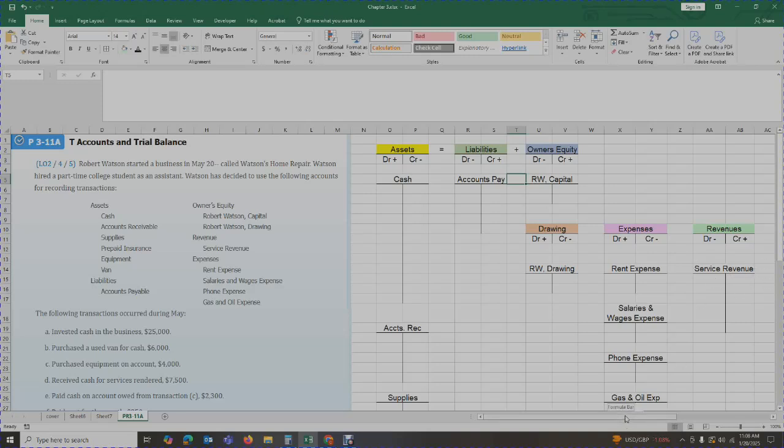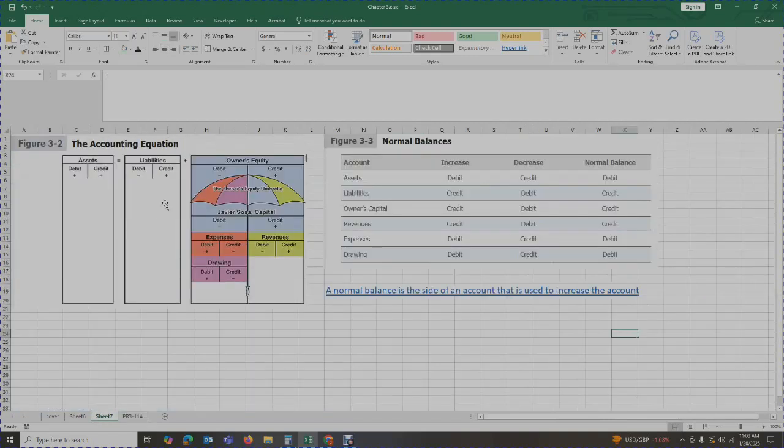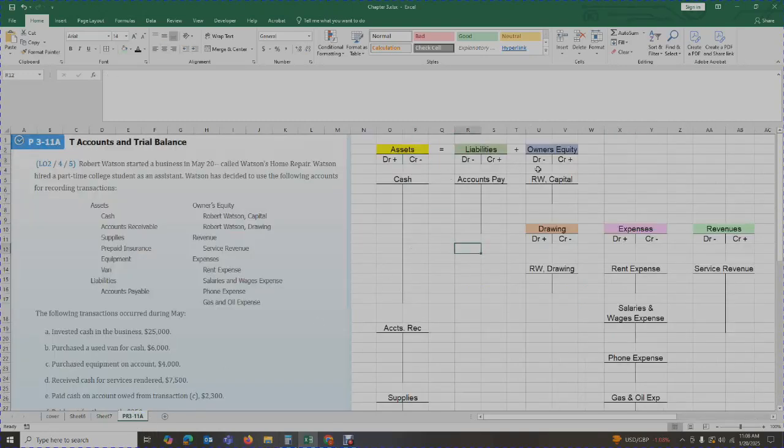I've already laid out all of the different T accounts, along with their normal balances. I'm basically picking them up from the expanded equation. I brought them in: debit addition, credit subtraction; liabilities, debit subtraction, credit addition. So I basically copied this information into my problem. That way it makes it easier for us to follow, okay?